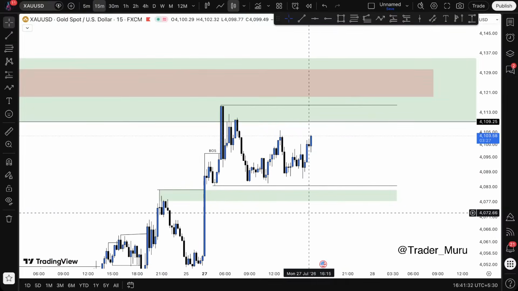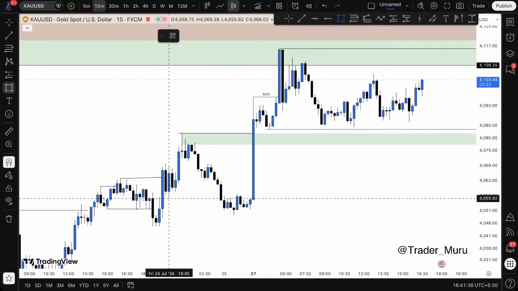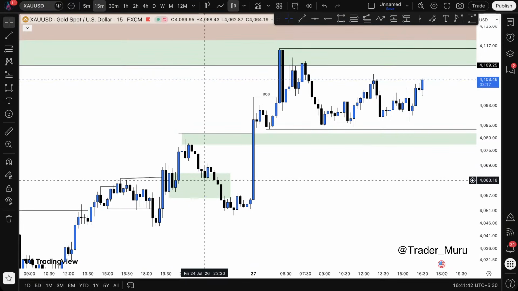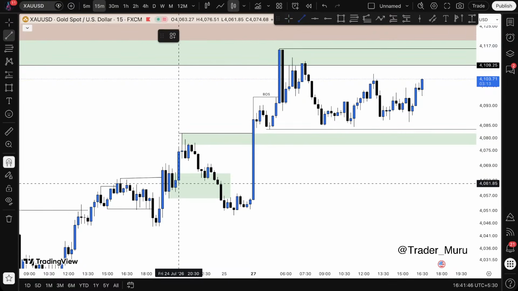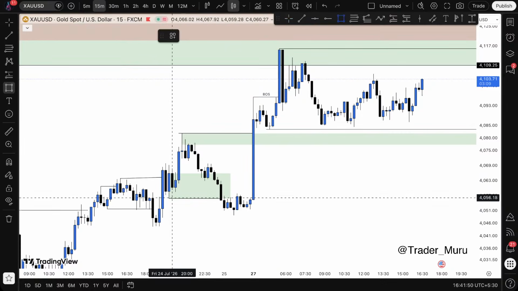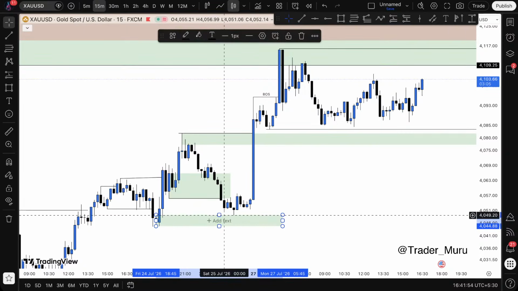If you guys remember, on Friday we were talking about how everyone will start buying on this area. Then price will simply give you some bounce, sweep that low. This was an inducement, test a structural area and start pumping.